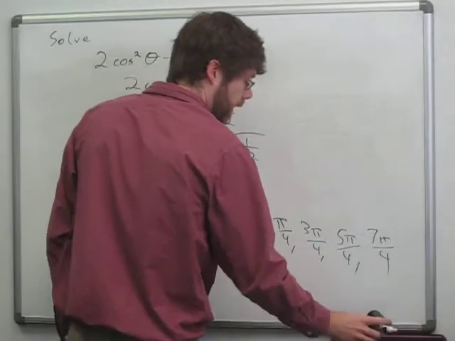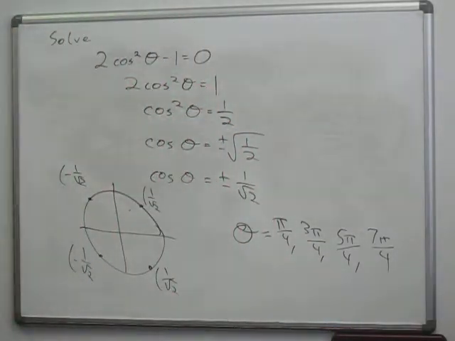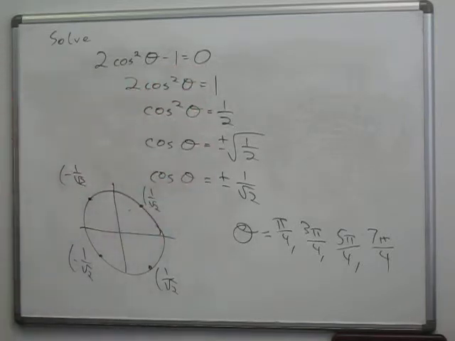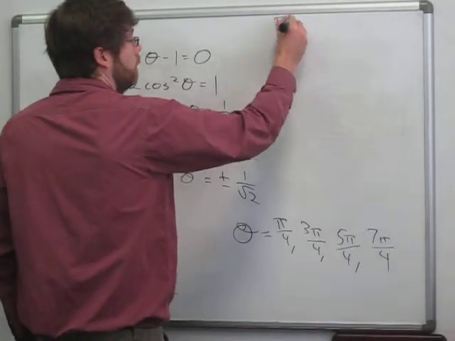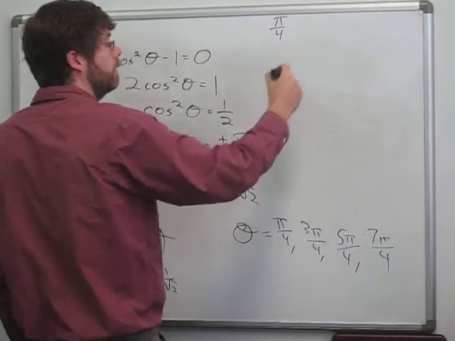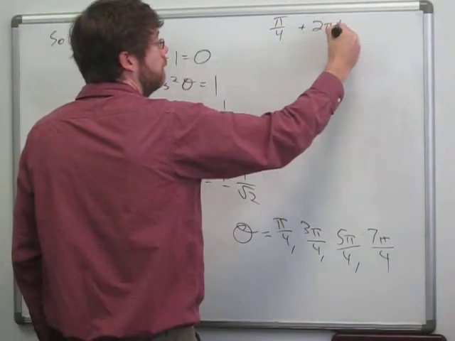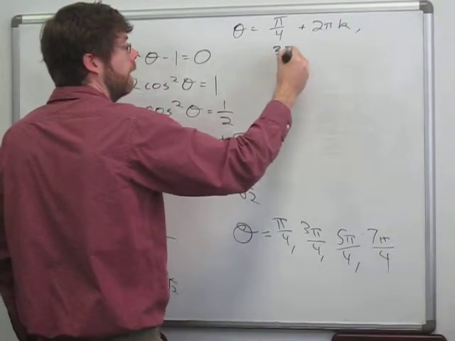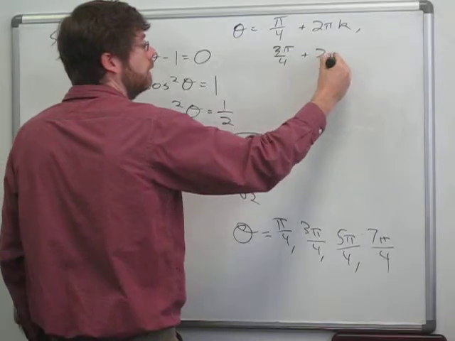Well, there are a number of ways to express the infinite number of solutions to this equation when theta can range over all angles. One way to do it would be to simply write pi/4 plus 2 pi k, 3 pi/4 plus 2 pi k, and so on.